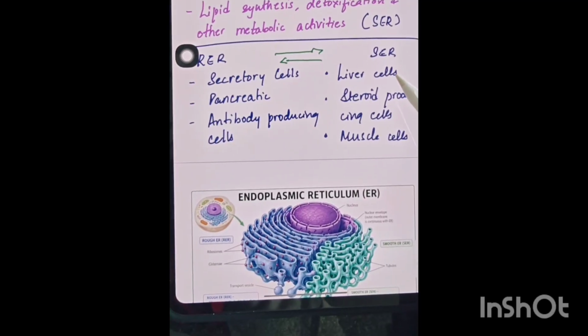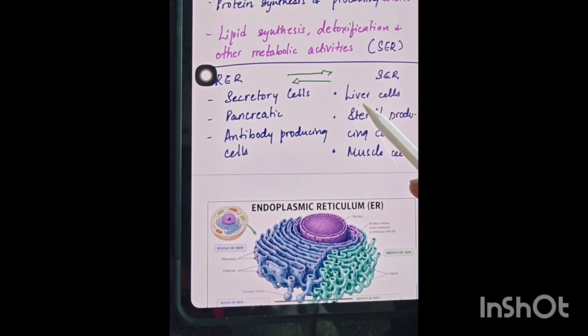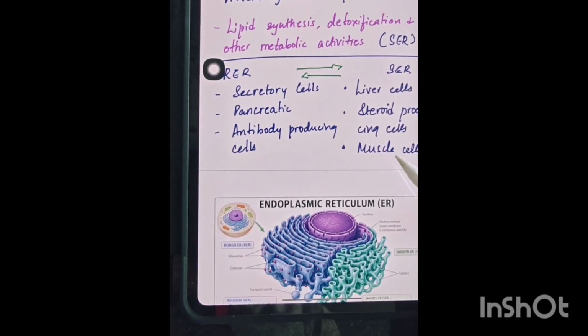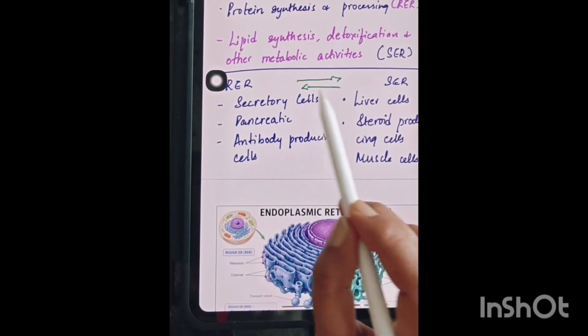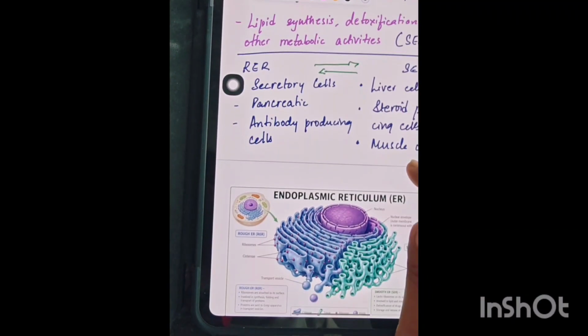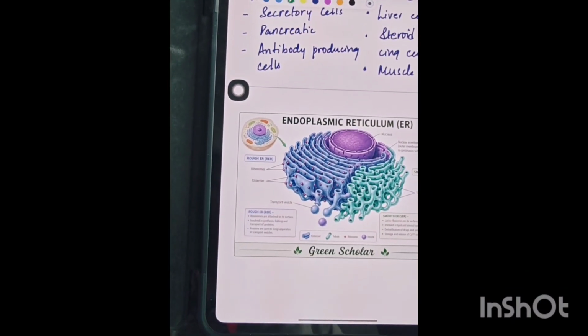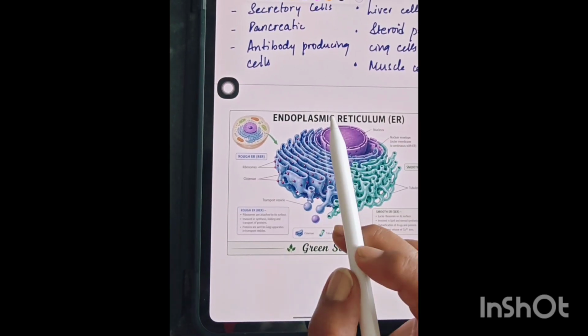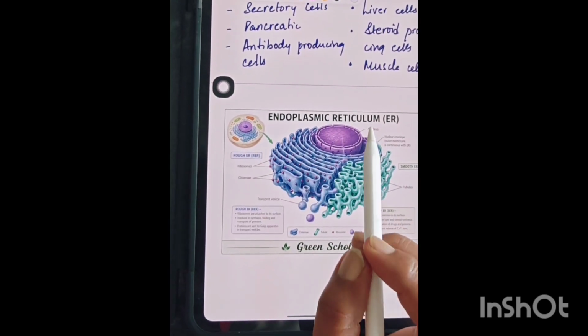Smooth endoplasmic reticulum, based on its functions, is present in liver cells, steroid-producing cells and muscle cells. So the location depends on the function the cell performs.